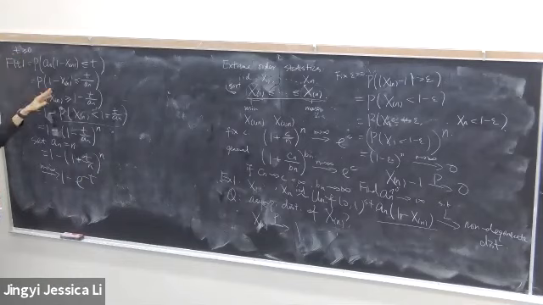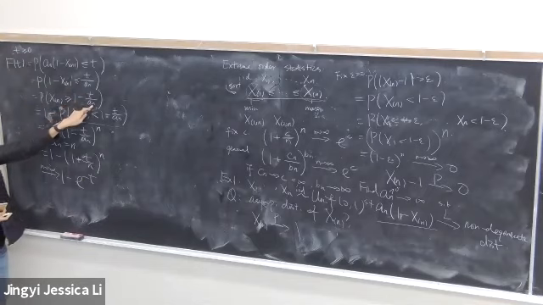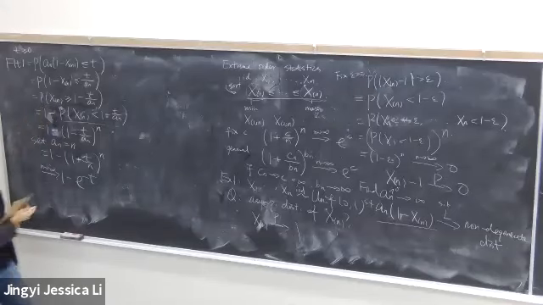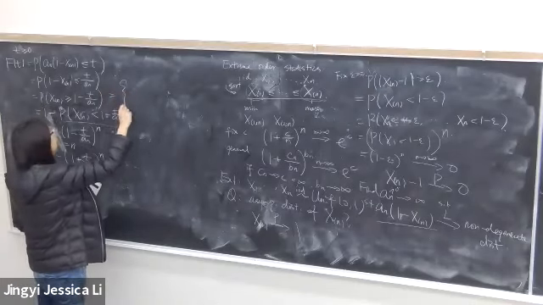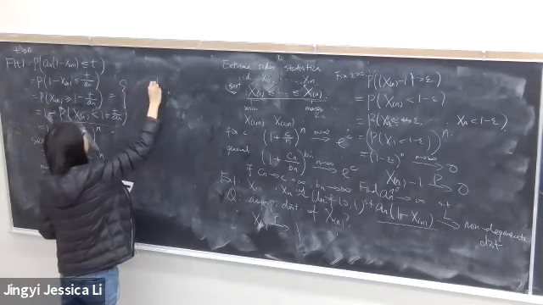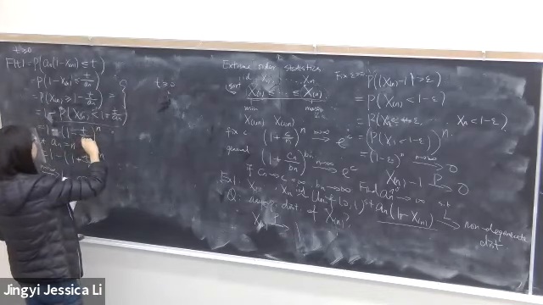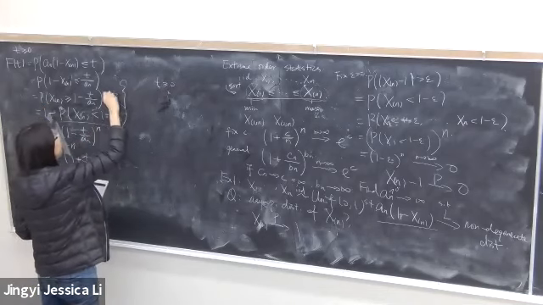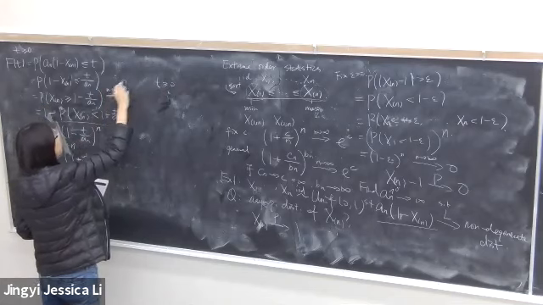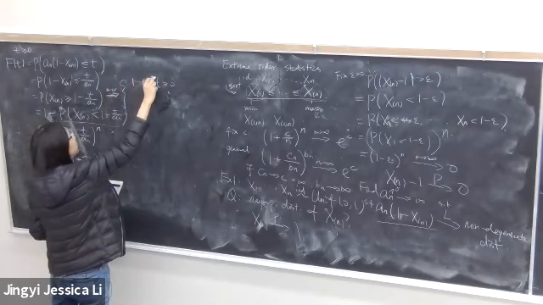Because in order to write it this way, I do need t to be non-negative. Otherwise, this will be greater than 1, and it doesn't make any sense. If this constant is greater than 1, then this probability will be 0. So in other words, I need to be more specific here. When t is greater than or equal to 0, I have 1 minus e to the negative t.